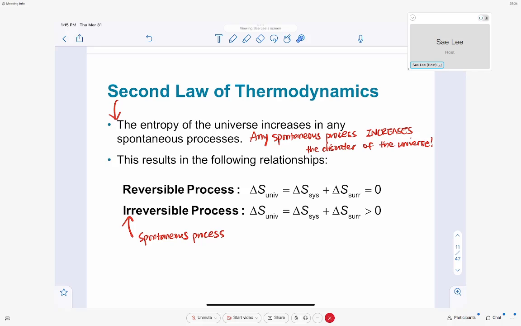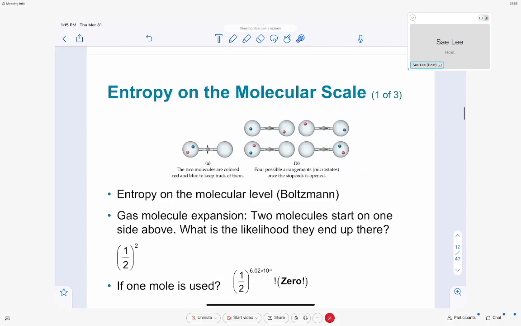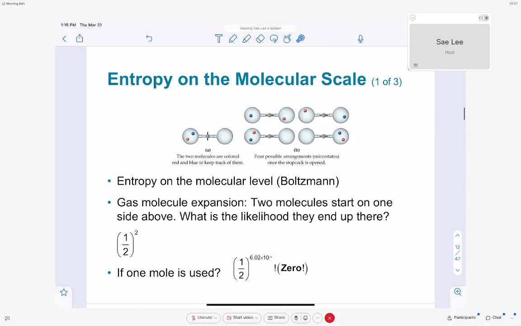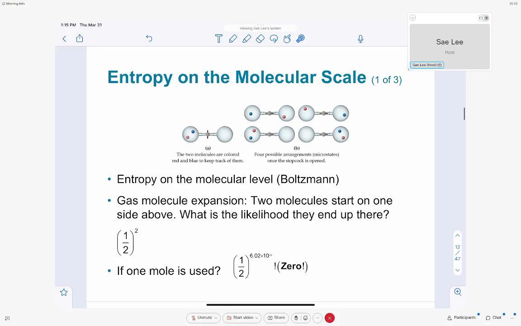So we have the expression, the change in entropy of the universe is larger than 0 for an irreversible process. For any reversible process, there's no change in the entropy of the universe. Let's move on to the molecular interpretation of entropy.